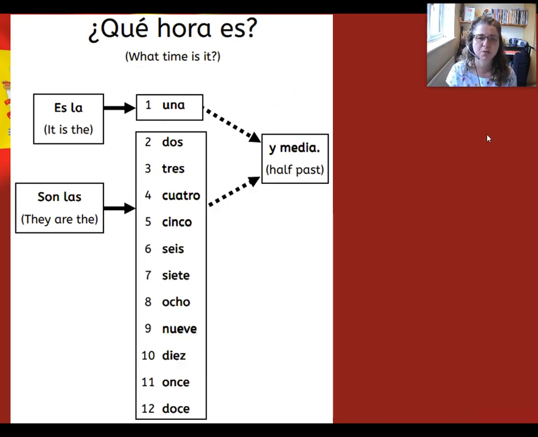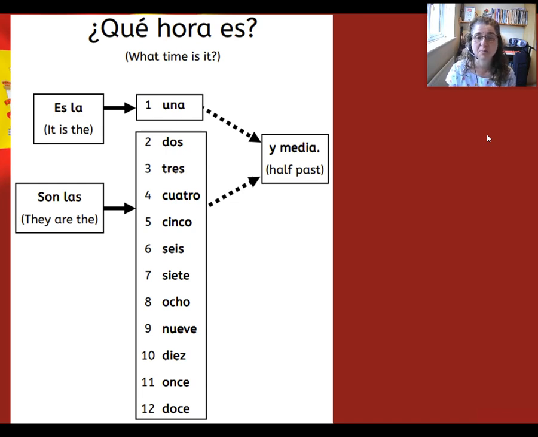Let's have a practice of some half past times. How would you say in Spanish, it's 10:30? Son las 10:30. How would you say it's 2:30? Son las 2:30. How would you say it's 7:30? Son las 7:30.